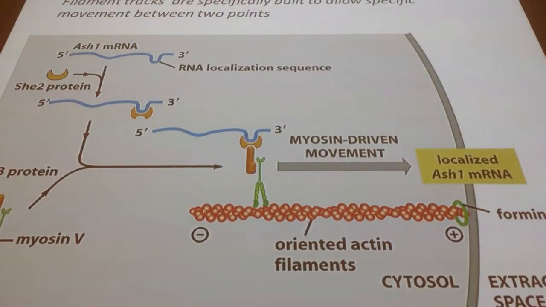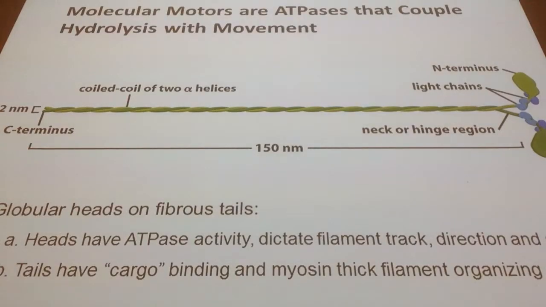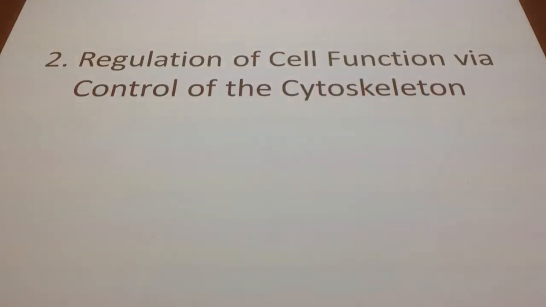Again, this is just another pretty picture depicting a molecular motor, where you have a tail here and two heads. I like to think of these as feet, because they walk, but people call these the myosin heads. You don't need to memorize this. It's just a pretty picture for you to look at.